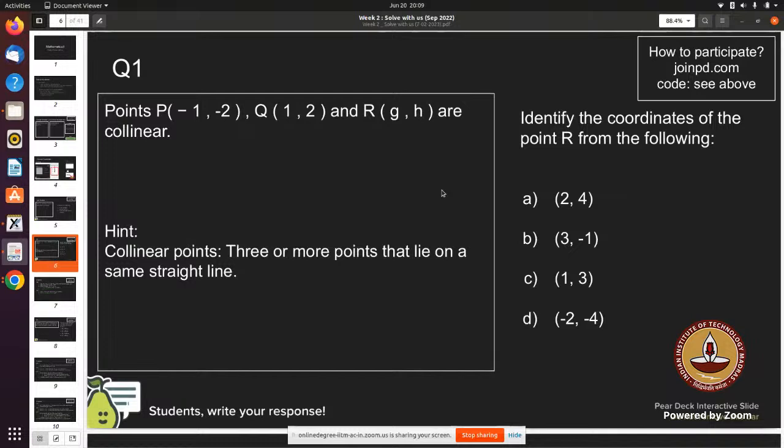I will wait 3 minutes for this, and then I will discuss it. So let's take 3 minutes, and you solve and write your answer in the chat.